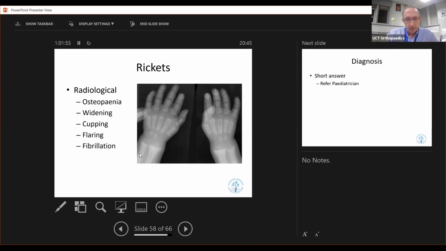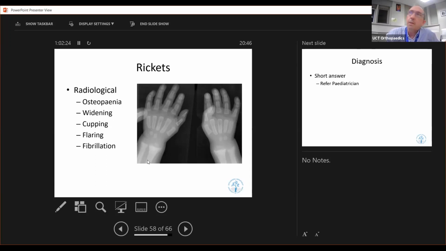Because modern X-ray machines are auto-exposing, just like a camera would take into consideration the light, they would take into consideration the bone density and expose accordingly. Whereas 20 years ago, we would have a standard X-ray for a child's hand and wrist that would show clearly that this bone is osteopenic.